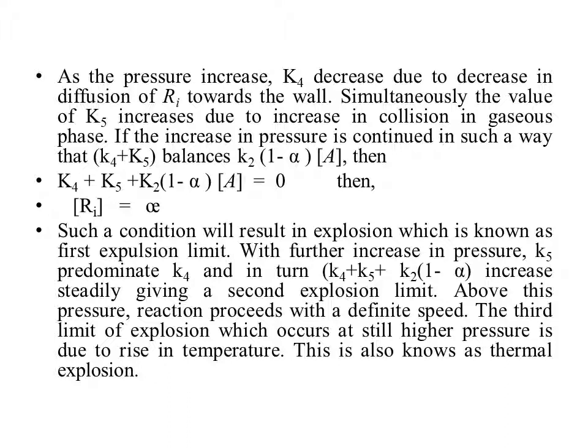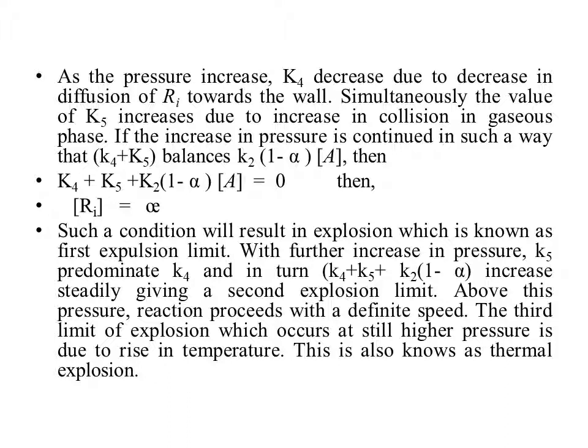If the increase in pressure is continued in such a way that K4 plus K5 balances K2 into 1 minus alpha into concentration of A, then K4 plus K5 plus K2 into 1 minus alpha into A concentration will equal 0, then Ri will be infinity. That is, the concentration of Ri, the active carriers, becomes infinity.